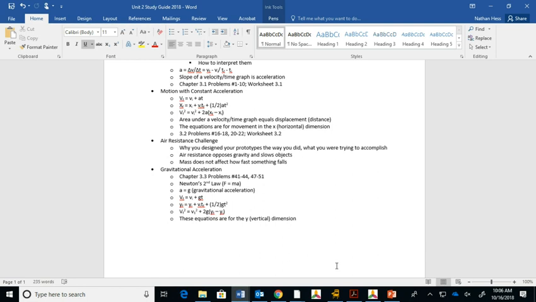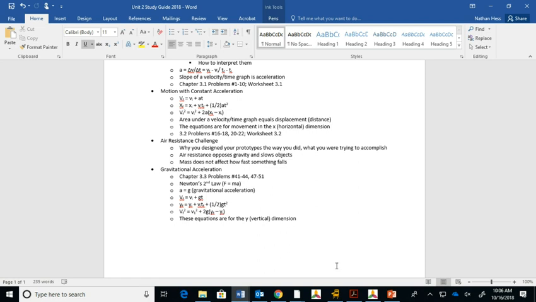Does mass affect how fast something falls? It does not. What does affect it? The air resistance, because gravity pulls a feather or a stone down at the exact same speed. But a feather in our normal atmosphere, the air holds it up.